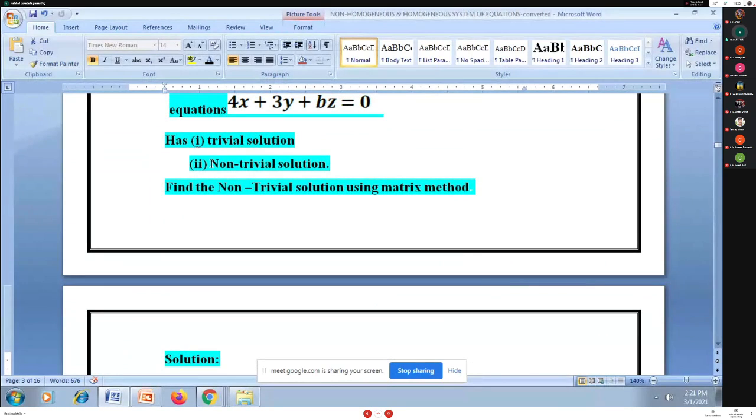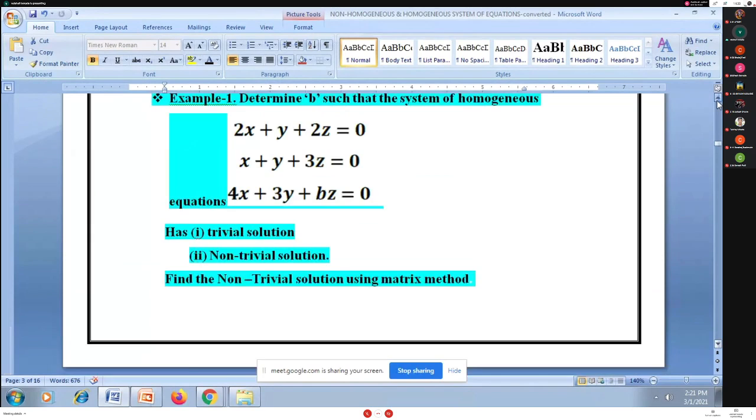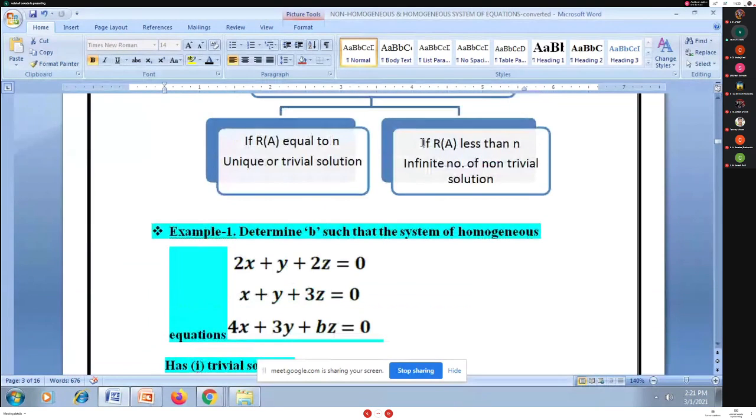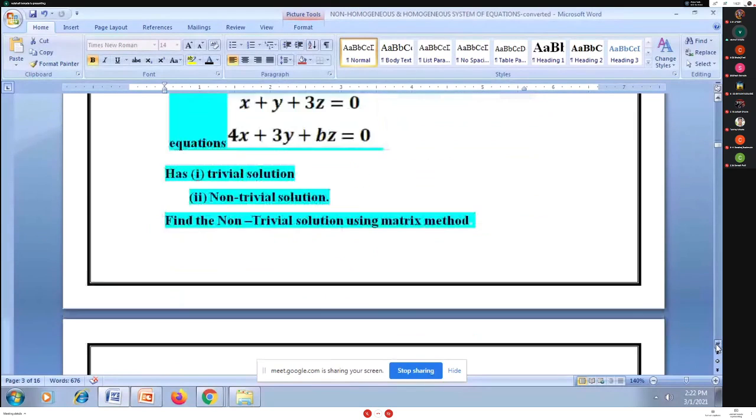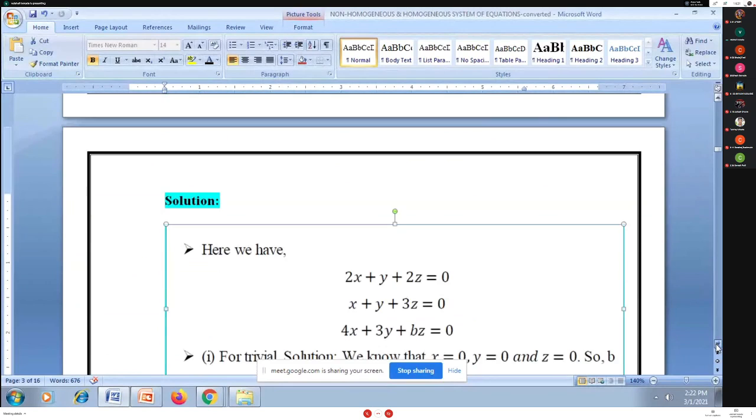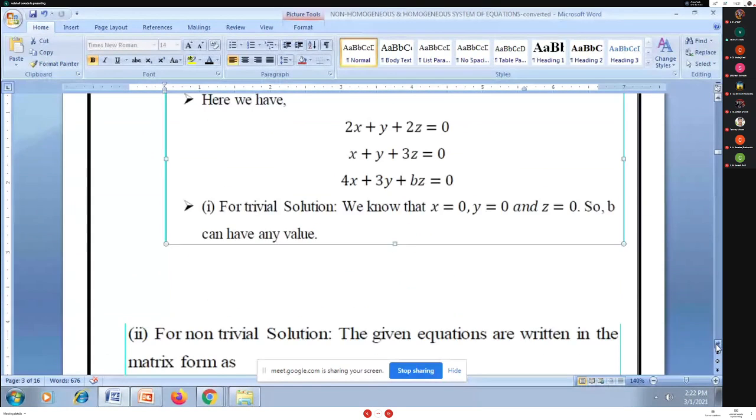Now I have to go for non-trivial solution. When does non-trivial solution occur? I have to check the rank. Whenever I'm having rank less than number of unknowns, at that time I'm having non-trivial solution or infinite number of solutions. So I require rank of A should be less than number of unknowns. So I will go here for non-trivial solution.